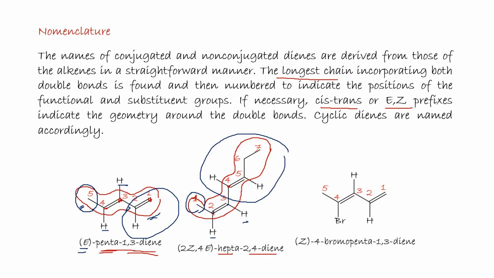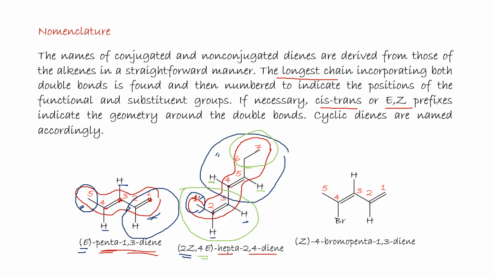The two groups are on the same side, so it is 2Z. What about the one between 4 and 5? Of course, this group is more senior than this, and here this one is more senior than hydrogen. So these two groups are on opposite sides, so it is E. So the name of this compound is 2Z,4E-hepta-2,4-diene.